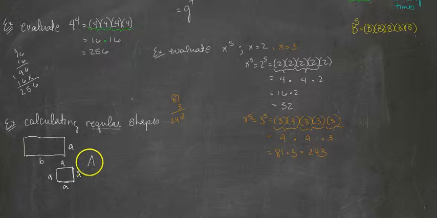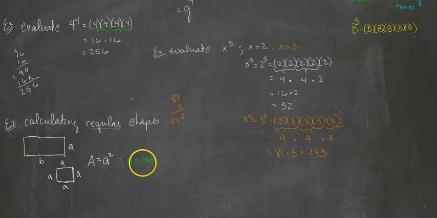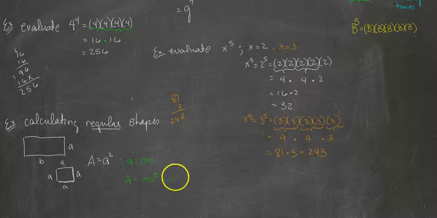So if I want to calculate the area of a square, then I'd be looking at a times a, which is a squared. So in this case, if a equals 100, so I have a giant square, even though I drew it small, it could represent a giant square, then the area of this giant square is 100 squared, which is 100 times 100.